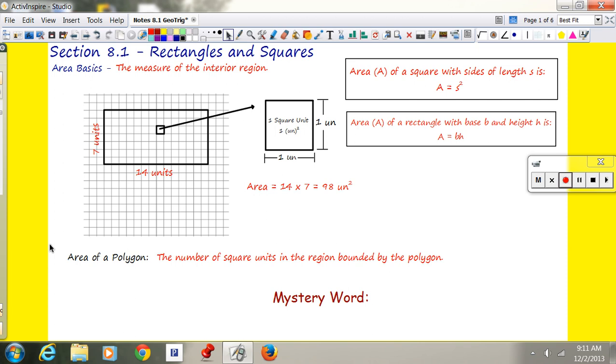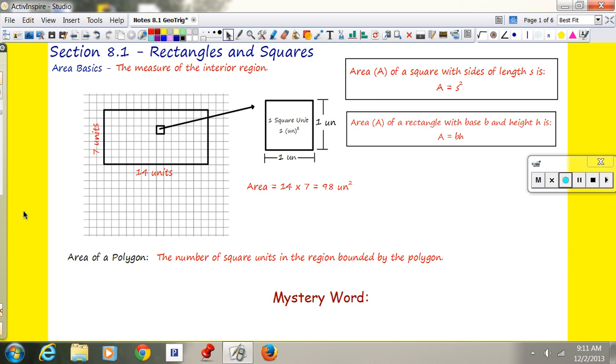Polygons have to be closed, and can they have curves? No, got to be straight. So polygons have all straight sides. So the area of a polygon is the number of square units in the region bounded by the polygon, inside of the polygon. The number of squares that we could fit inside of the polygon would be the area of a polygon.